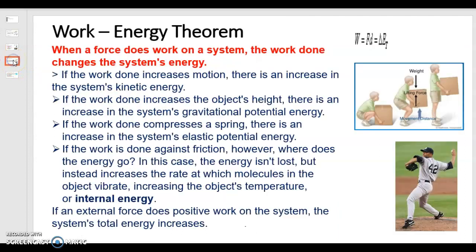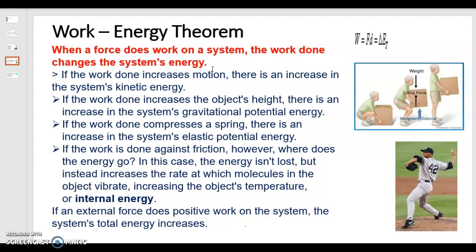Okay? And then the last thing we really want to talk about today is something that we spoke about in the roller coaster videos, the work energy theorem. And that's when you do work on a system, you change the system's energy. So for example, when we lifted the roller coaster up, we changed the gravitational potential energy of the roller coaster.